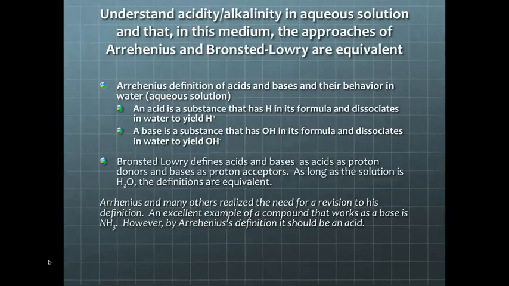Arrhenius, not long after his statement of what an acid was and what a base was, thought that he might have to expand his definition. He looked at ammonia. Ammonia is a substance that has H in it.